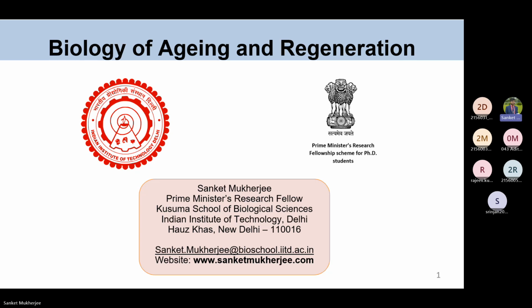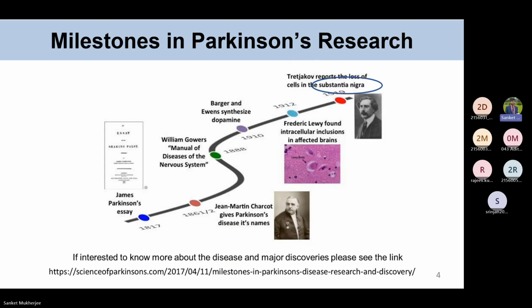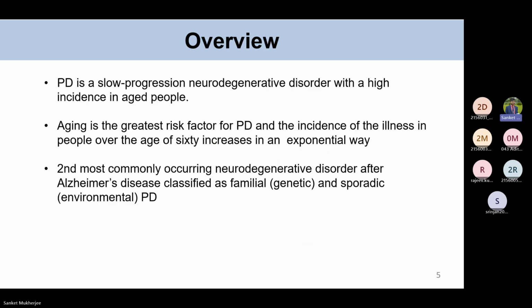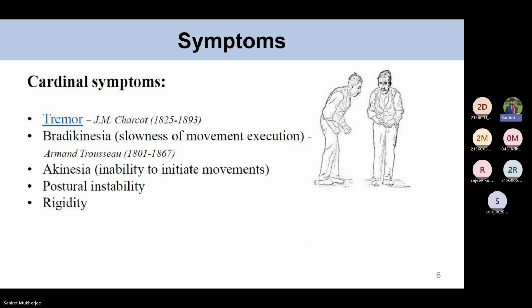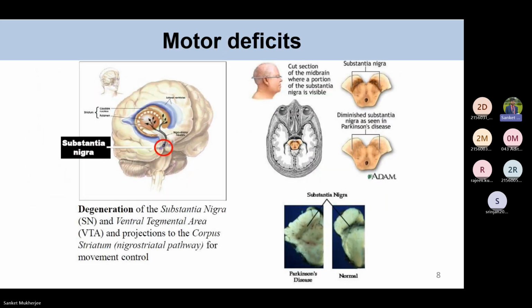Okay, welcome back. We will briefly go through the previous slides that we talked about: Parkinson's, what the symptoms of Parkinson's are. Then we talked about the substantia nigra, how it is important for dopamine secretion, and how this element is affected due to loss of proteostasis.